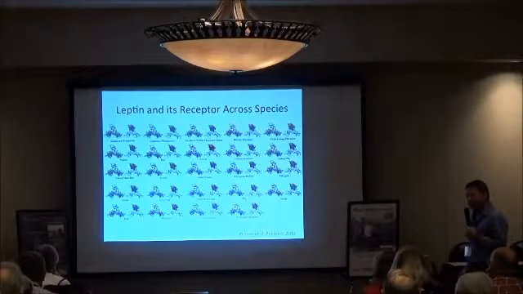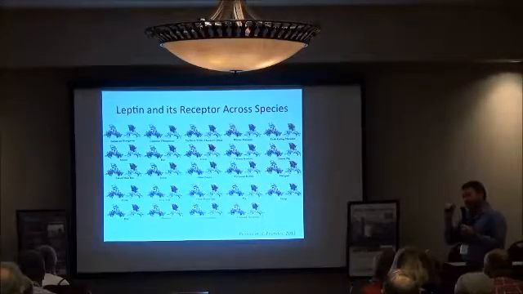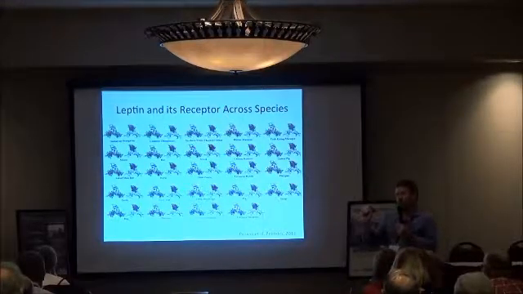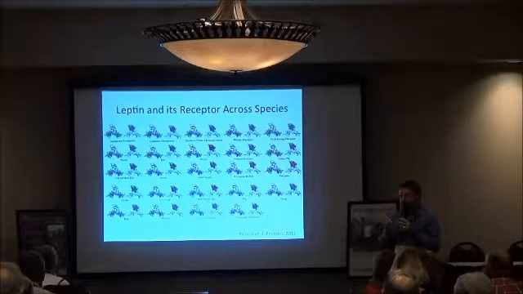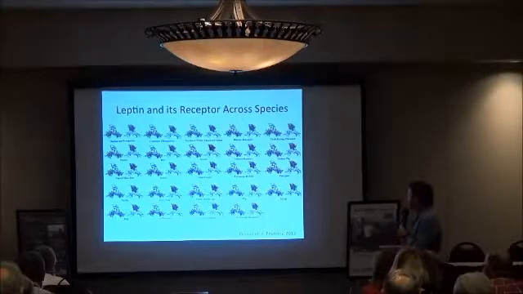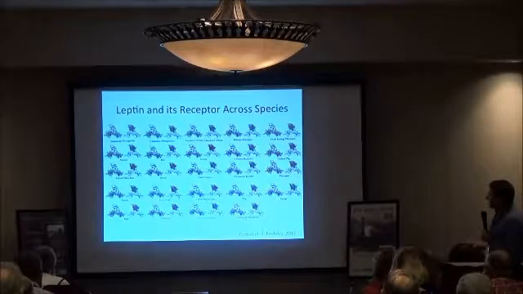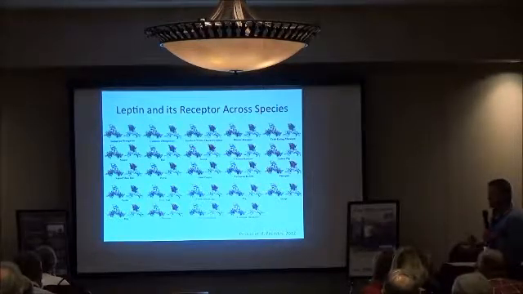Aren't they amazingly similar? If you actually look at their sequence of their DNA, they might actually vary quite a lot, but the critical piece, where the ball fits into the mitt, has to be almost exactly the same. So if you were to take leptin out of a dog and you were to put it in your bloodstream, you would respond much like you would with your own kind of leptin.